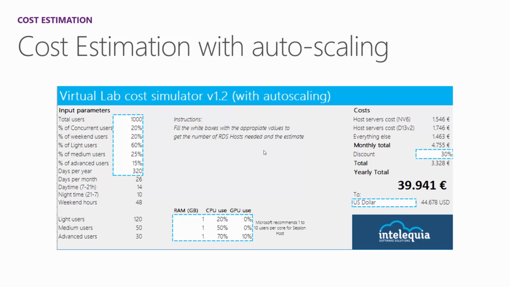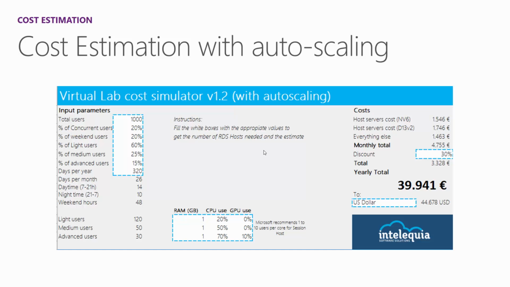Looking at all of those numbers and maybe applying the discount that Microsoft might give you based on the consumption and other factors, we can do an estimation, and you might be looking at a yearly cost for this solution of 39,941 euros, which translated into dollars would be about 44,678. So this gives you quite an accurate picture of the cost you would incur running those kinds of machines.